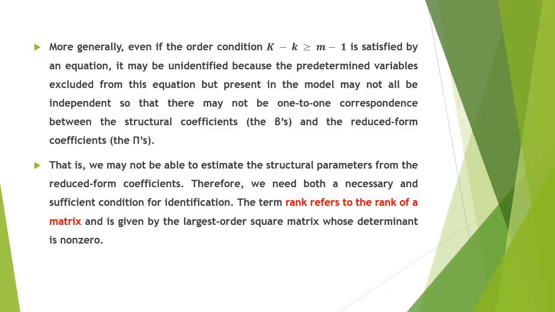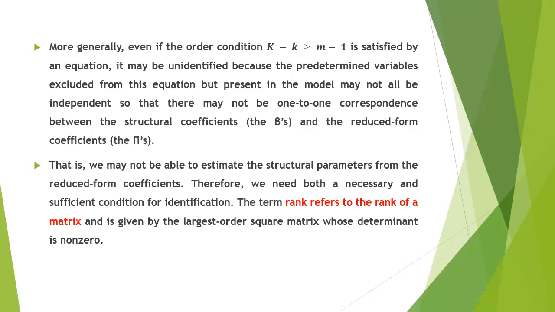That is, we may not be able to estimate the structural parameters from the reduced form coefficients. Therefore, we need both a necessary and a sufficient condition for identification. This is provided by the rank condition of identification.